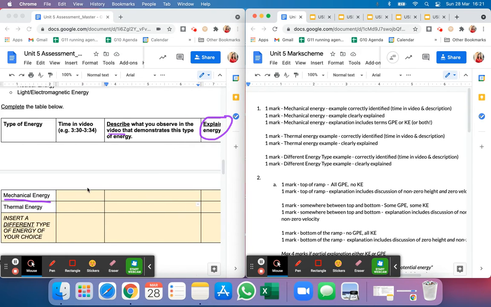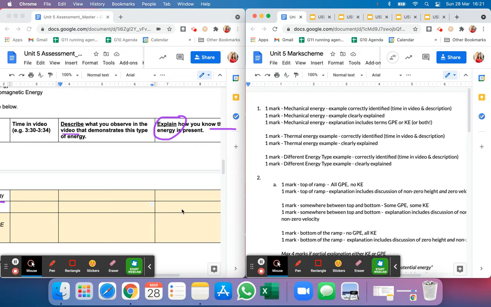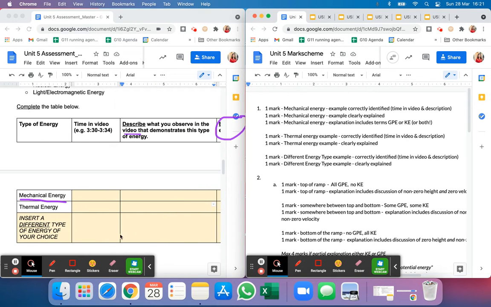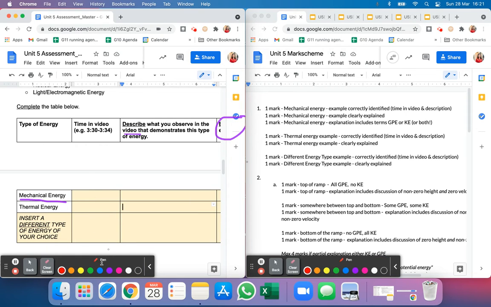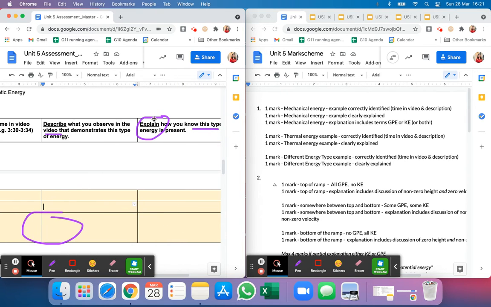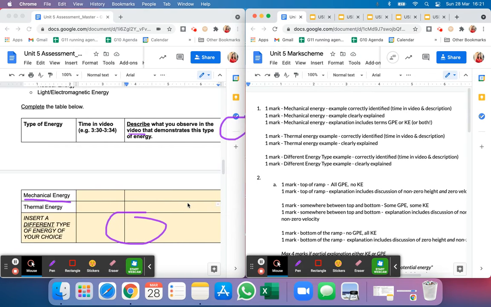For thermal energy, 1 mark for these 2 columns combined, so the time in your description. 1 mark for your example, explained. And for the type that you chose, similarly, 1 mark for the time in video and description all as one thing, and then 1 mark over here for explaining how you knew this type of energy was present, for a total of 7 possible marks.